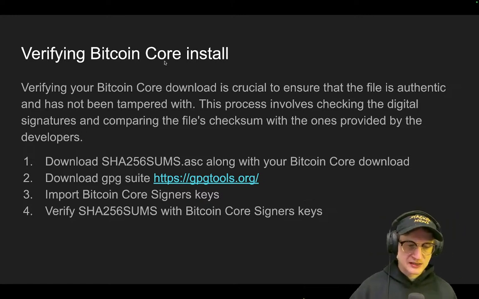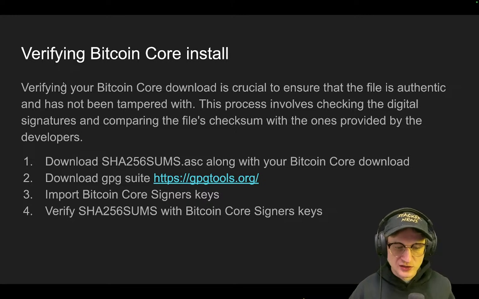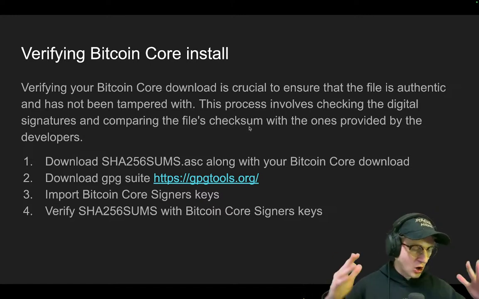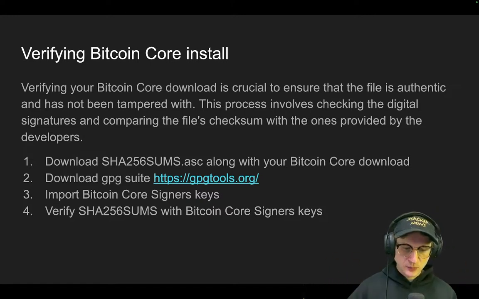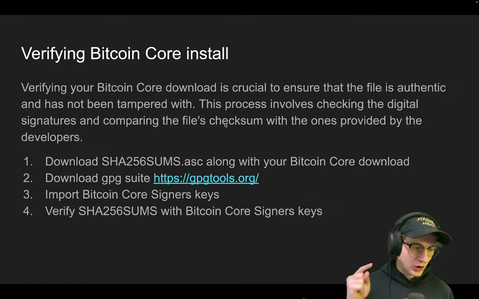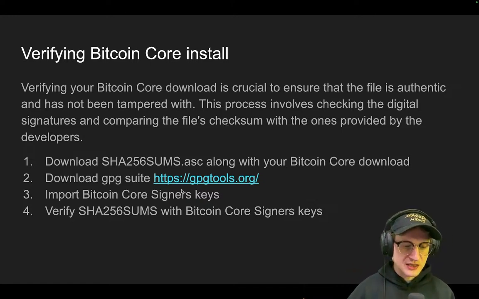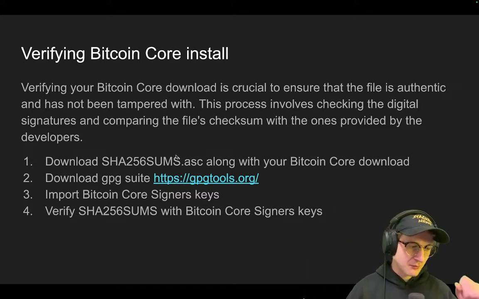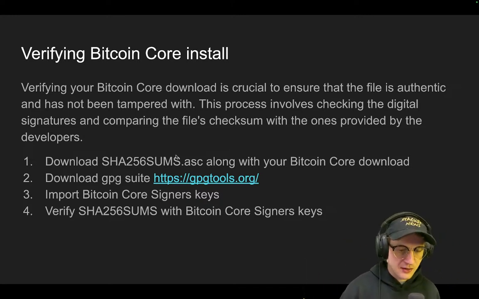So in summary, to verify the Bitcoin Core install, we're going to download the SHA-256 sums. This is basically the checksum of the release. The code that is in the release produces this unique checksum, and all of the Bitcoin Core developers have PGP keys and sign this checksum, so we get multiple people to authenticate for us.